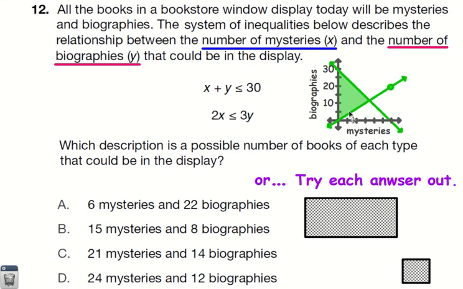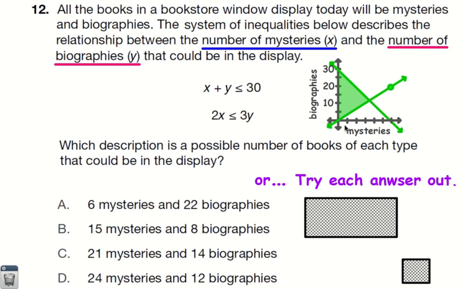So 6, choice A is looking very good. How about 15, 8? 5, 10, 15, 8. Maybe not so good. 21, 14. 5, 10, 15, 20. 21, 14. No, not good.